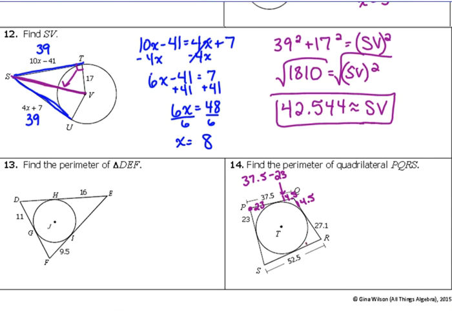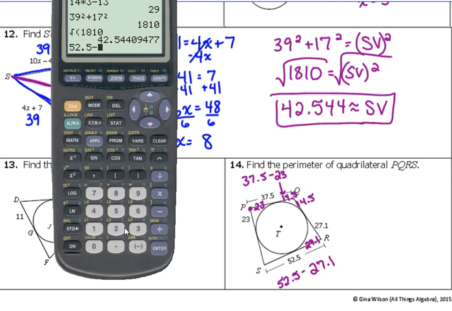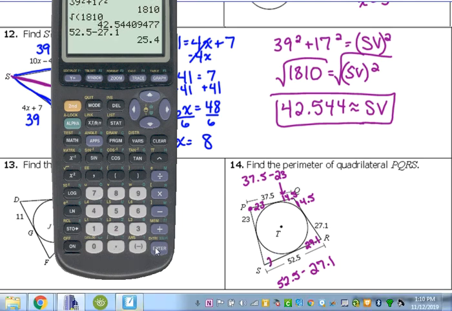They labeled the 27.1 there, so that's also 27.1. 52.5 minus 27.1 is 25.4. There and there. So we have found the length of all those little segments.